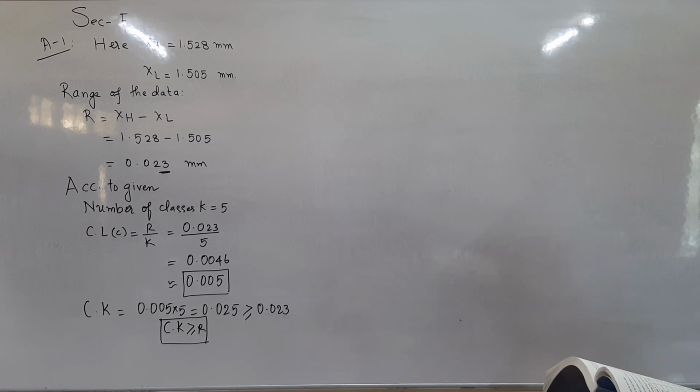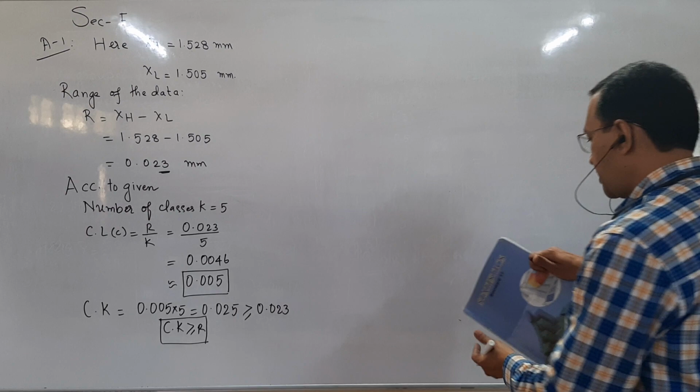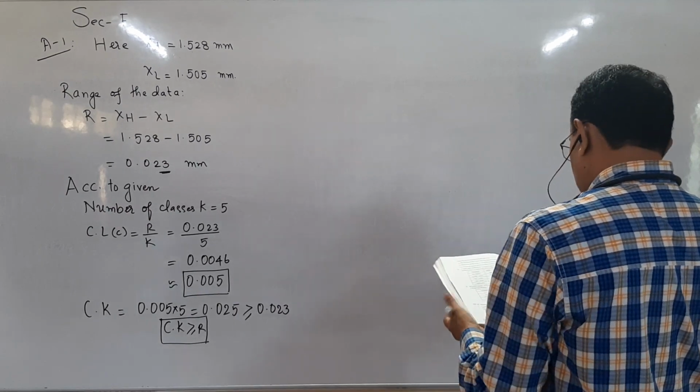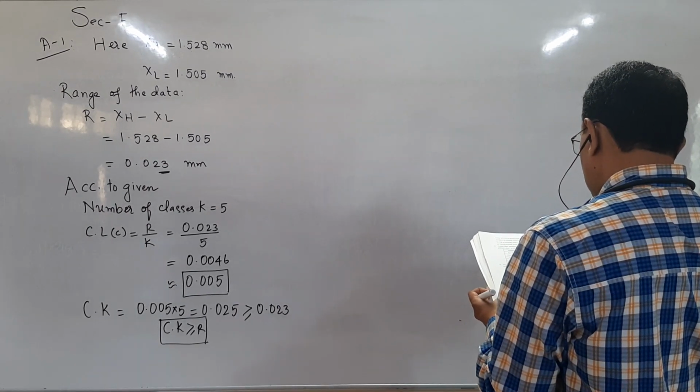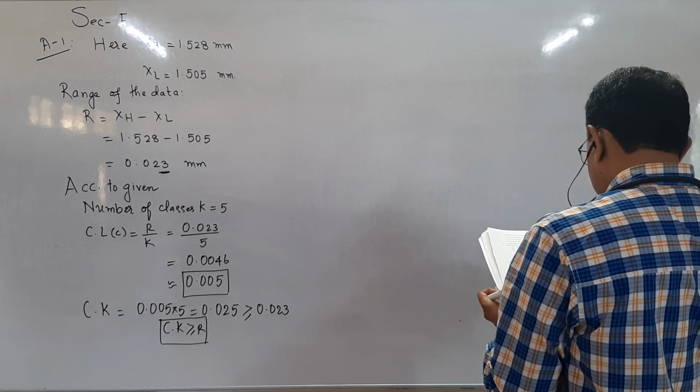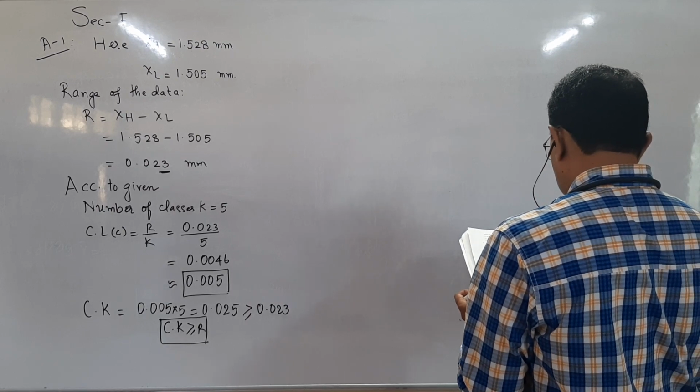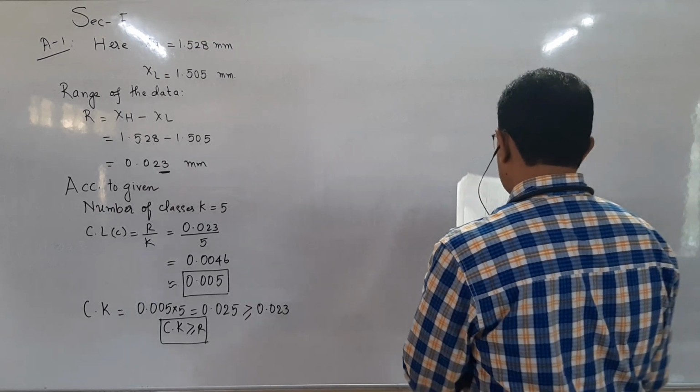Okay, now students, we go for the frequency distribution. We always give an appropriate title. So this is frequency distribution of lenses selected from a day's production of a company.